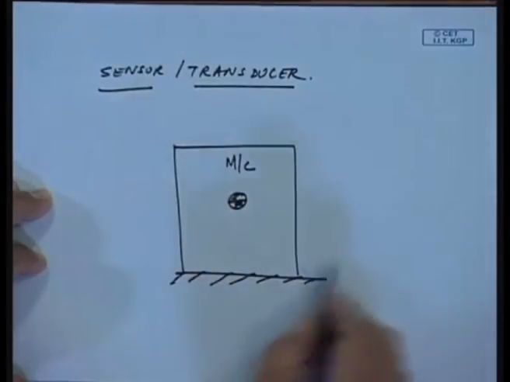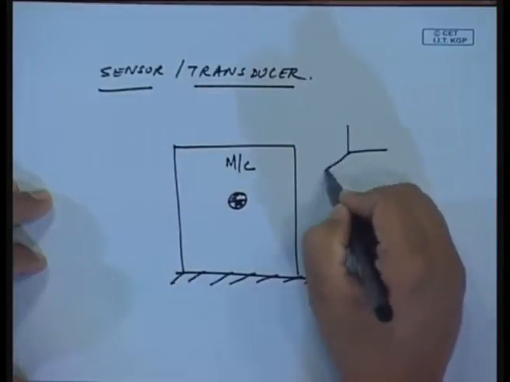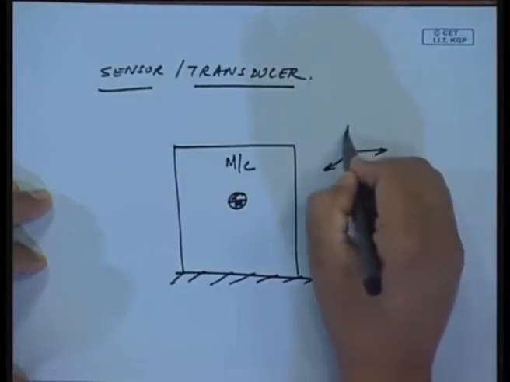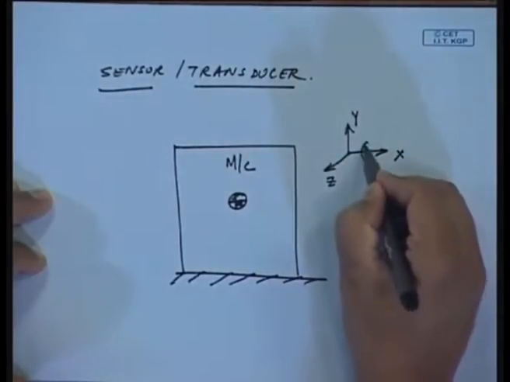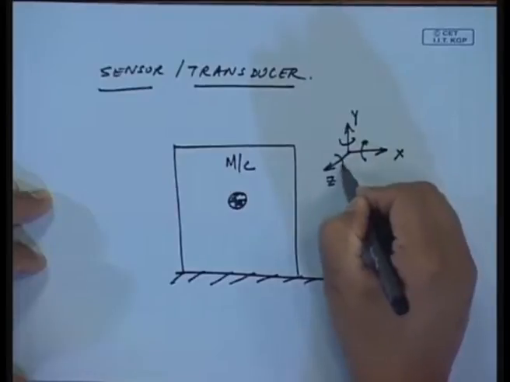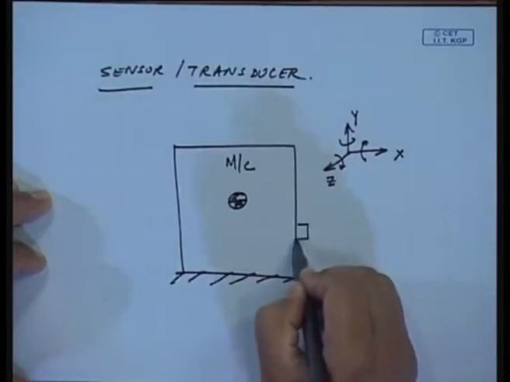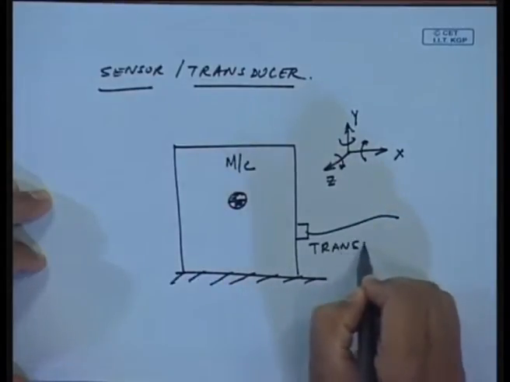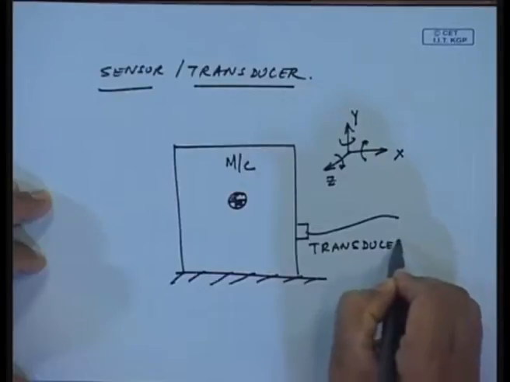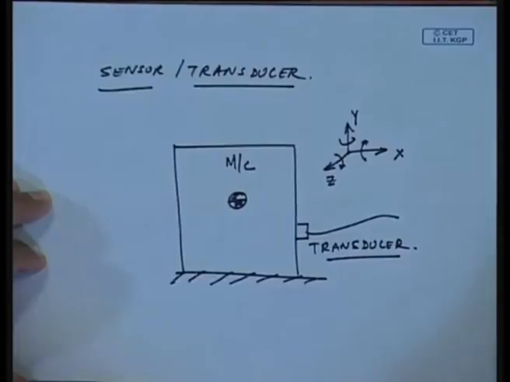There could be a lot of dynamics happening in this machine. It could have rigid body motions, or rotations. And if we have a transducer, the idea is to capture the motion around one of these points.